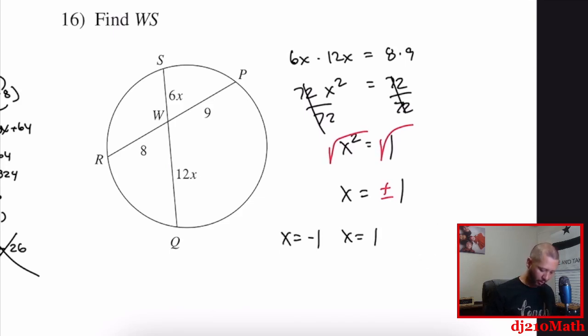All right, we throw away the negative and we keep +1. So WS is going to be just this segment here. So 6, if X is 1, which it is.